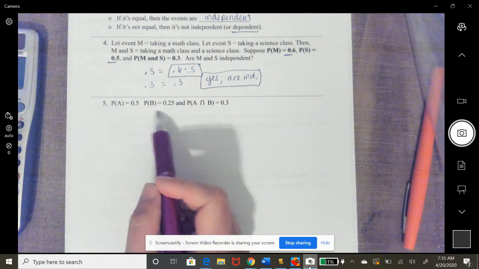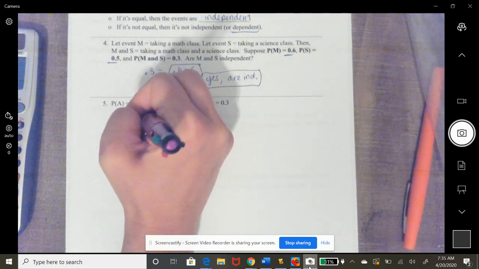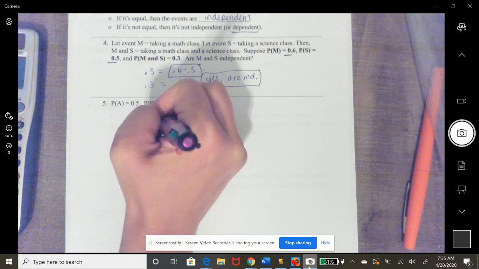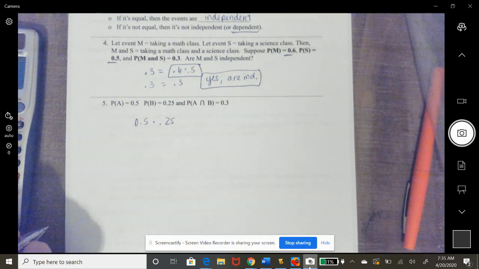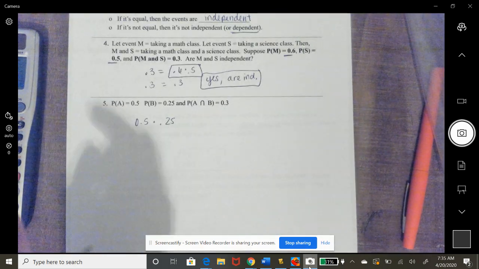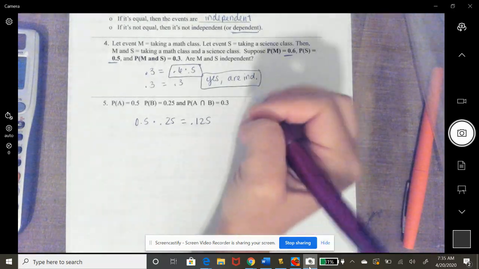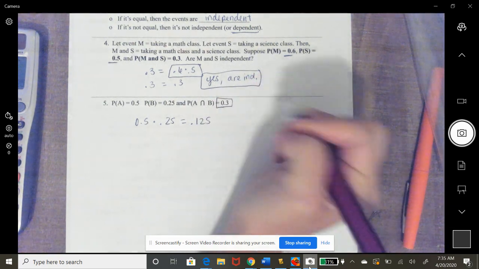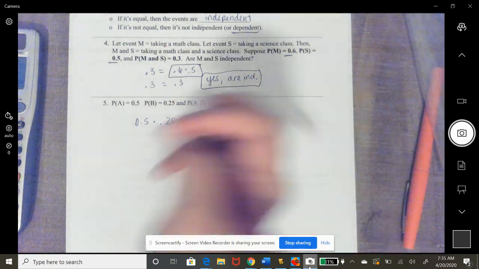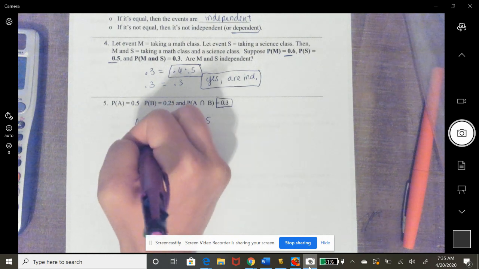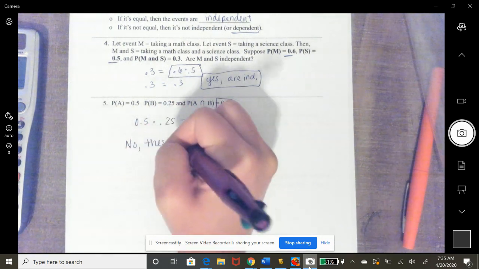So we just need to check. If I do 0.5 times 0.25, that gives me 0.125. Does that equal 0.3? No, it does not. So no, these are not independent.